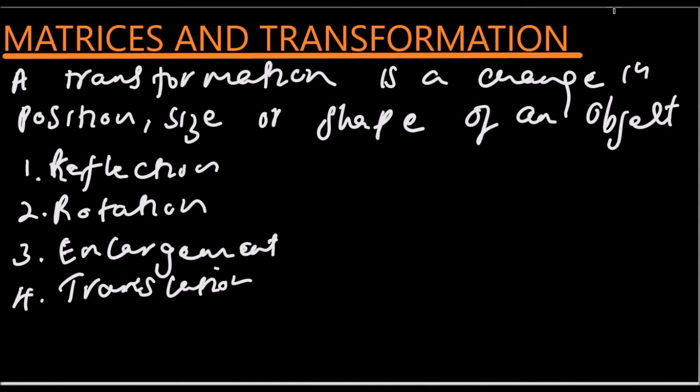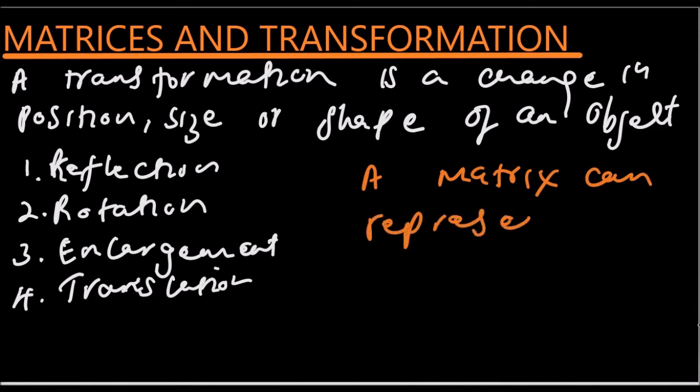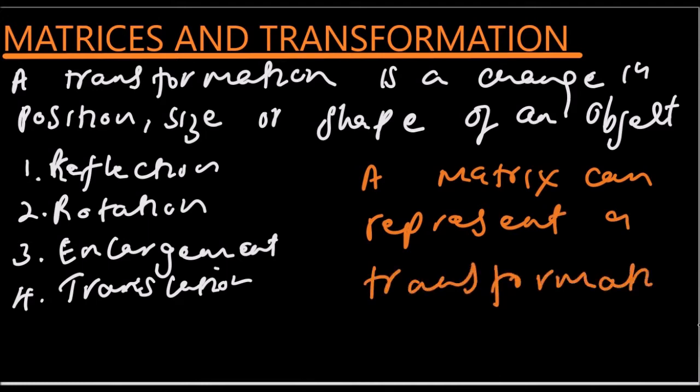Now, in this area, we are going to say that a matrix can represent a transformation. That is why I have said that we are going to combine what we learned in matrices in Form 3, specifically multiplication, and we combine with transformation.